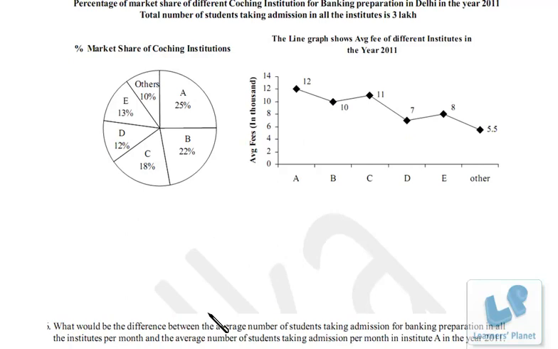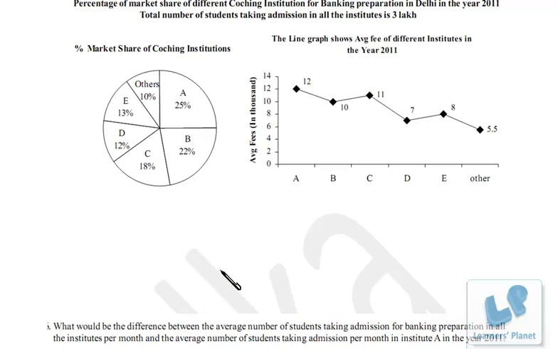Okay, pretty simple. In all there are 3 lakh students. Out of that, this is for the entire year, that means per month it is divided by 12. So 3 lakh divided by 12 is 25,000 students taking admission in all the institutes on an average per month, right?